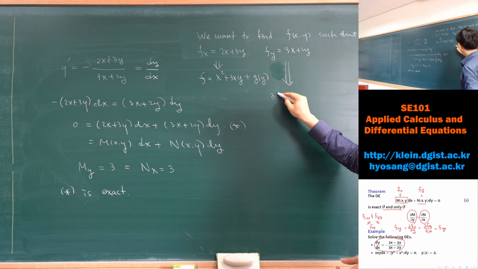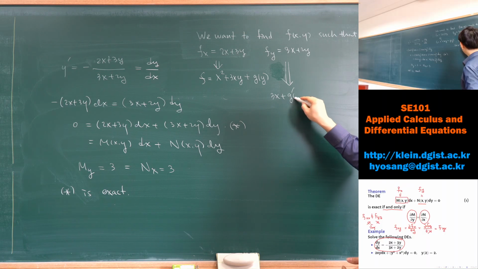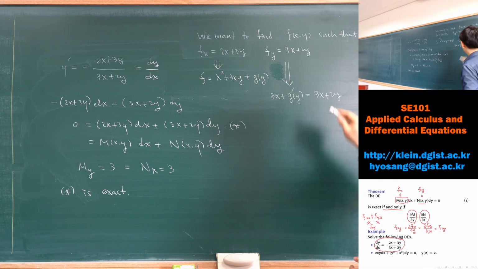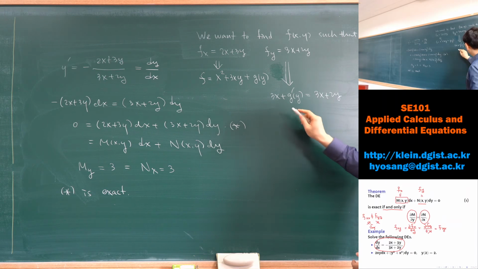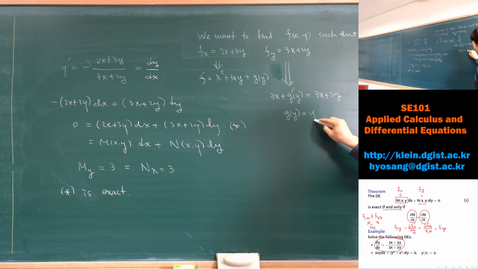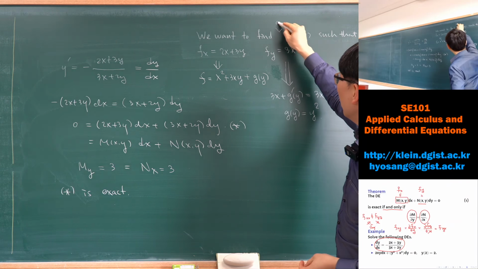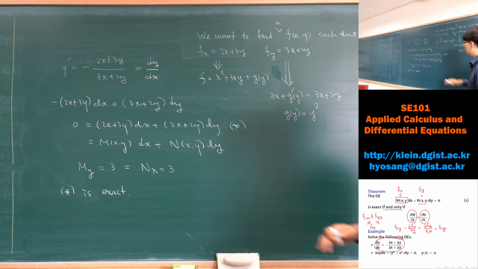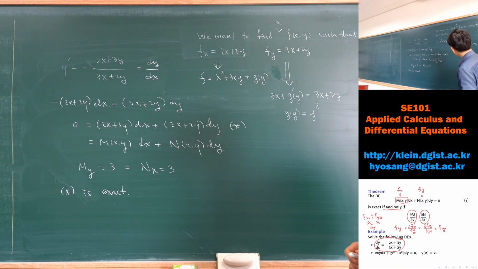I get 3x plus g prime of y, which must equal 3x plus 2y, right? So g of y could be y squared. And you can also put a constant here, but it's not really necessary, because we want to find a two-variable function whose total differential is the given differential equation.